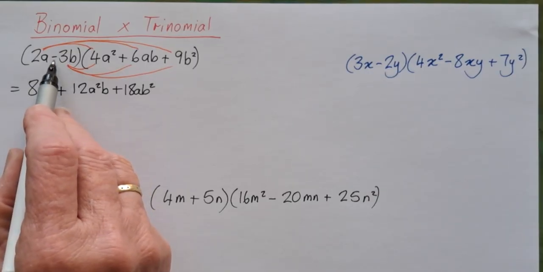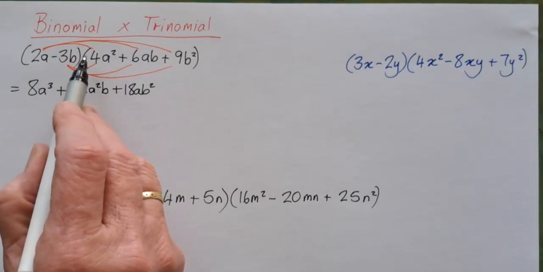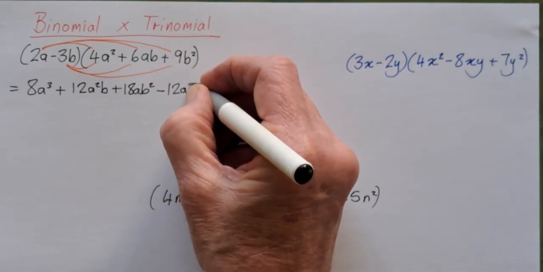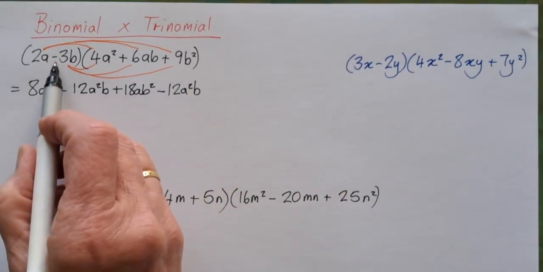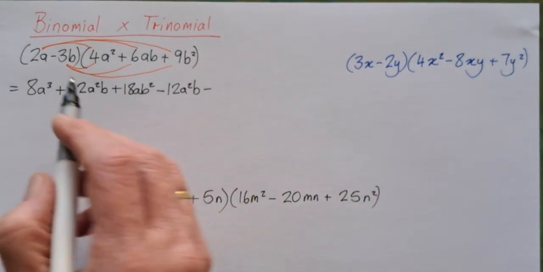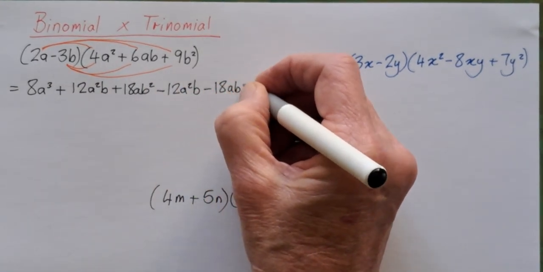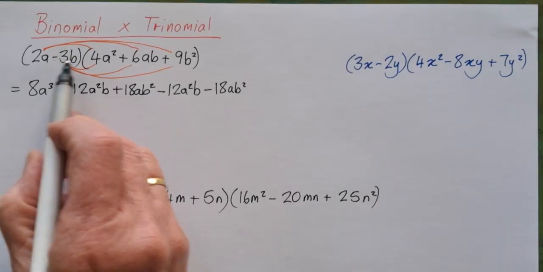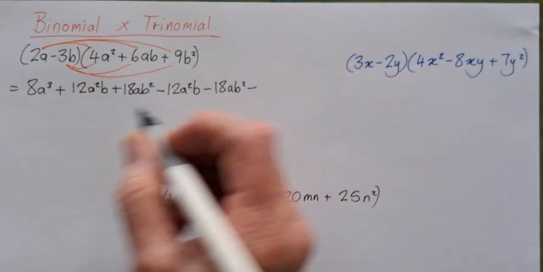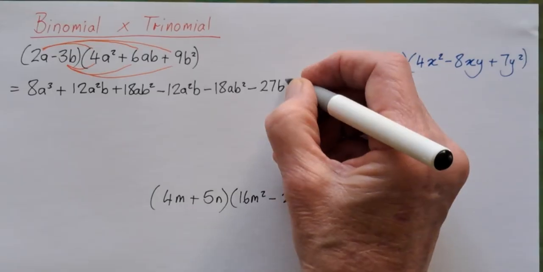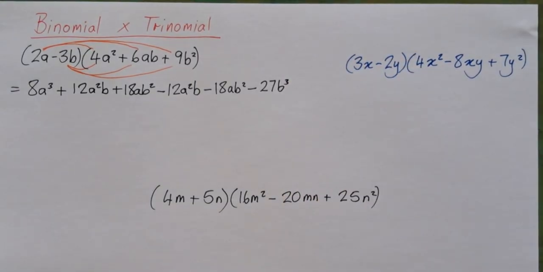Be careful, it's got a negative sign in front of it. So negative times positive is negative 12a squared b. Negative times positive is negative 18ab squared. And negative times positive is negative 27b cubed. So we've ended up with 6 terms.